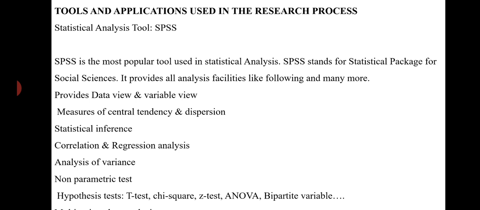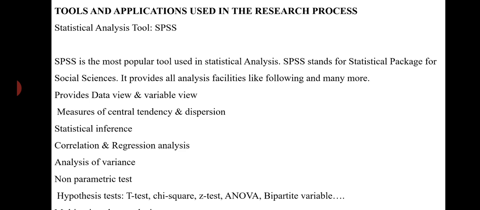The next one is based on these research processes. Here in this slide I specified the tools and applications used in the research processes. SPSS is the most popular tool used for statistical analysis. Recently version 24 and 25 are also available.